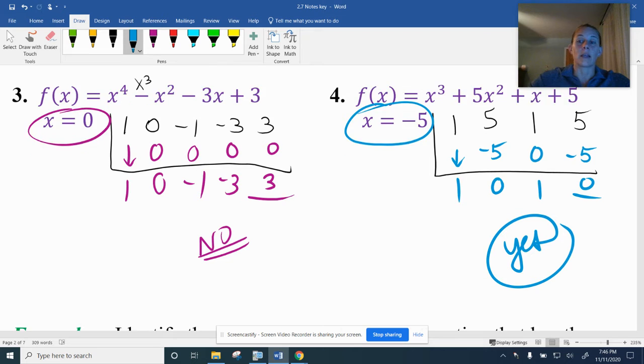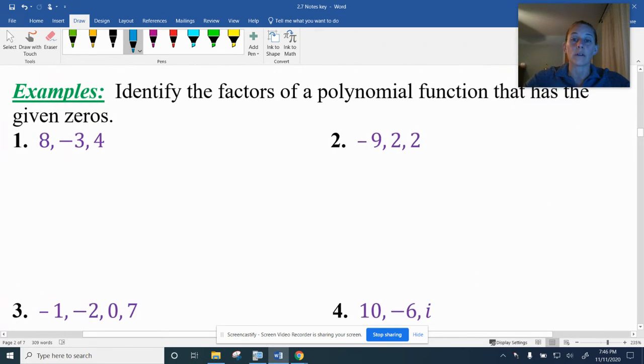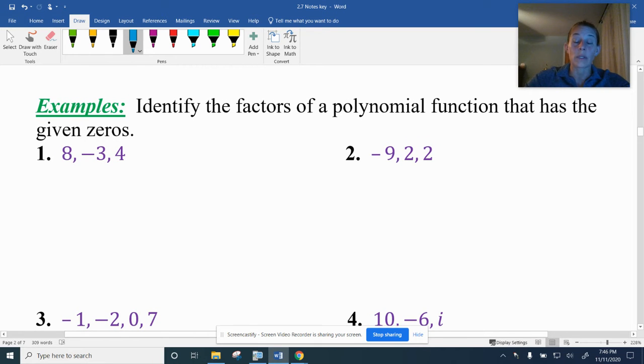Okay, so the next thing that we want to go over here is how to identify factors of a polynomial function if you are given the zeros. So we know that when we have factors, we can just simply equal them to 0 and use that zero product property to solve for those x's or those zeros or solutions or whatever you'd like to call them.